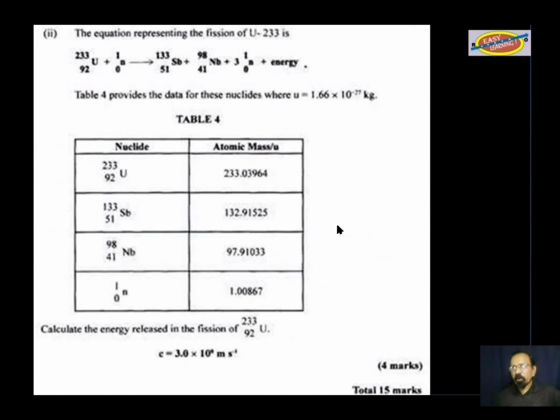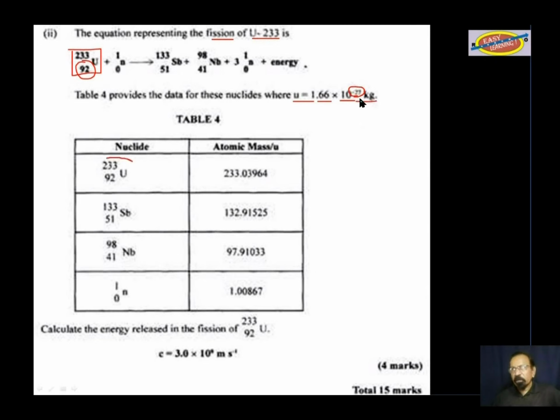Now, the next part of the question says that this equation that you see down here shows the fission of uranium-233. And amazingly, they give you U-233 with a 92 here. Remember, that is something you had to calculate in the previous part of this question. So it says that the table below provides the data for these nuclides, where U is 1.66 exponent -27 kilograms.